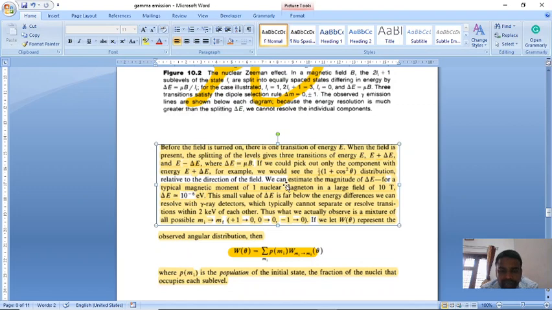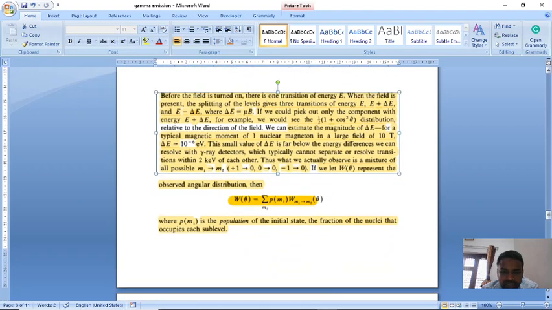Thus, what we actually observe is a mixture of all possible Mi to Mf transitions, that is plus 1 to 0, 0 to 0, minus 1 to 0. If we let W of theta represent the observed angular distribution, then W of theta equals the summation over Mi of P of Mi times W Mi to Mf of theta, where P of Mi is the population of the initial state, the fraction of the nuclei that occupies each level.